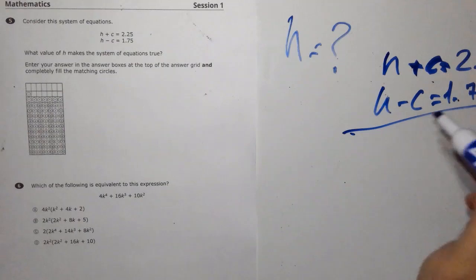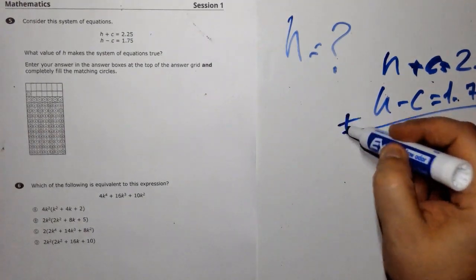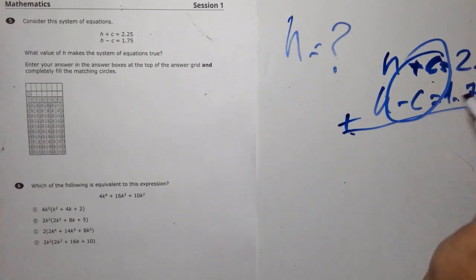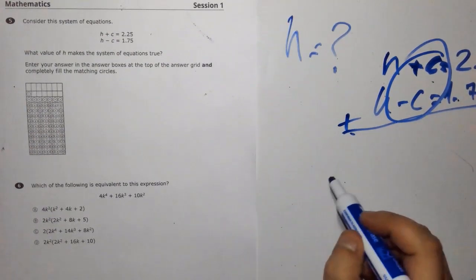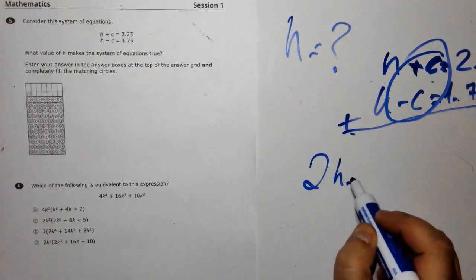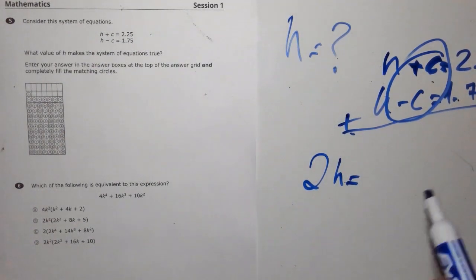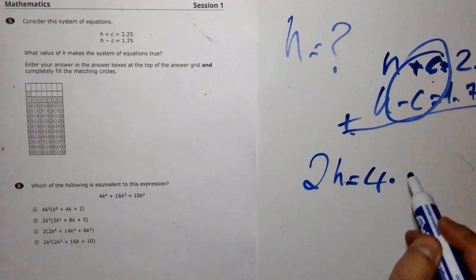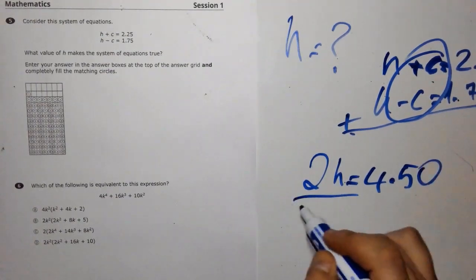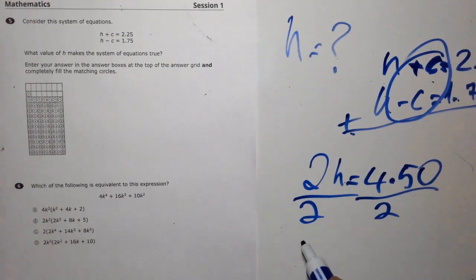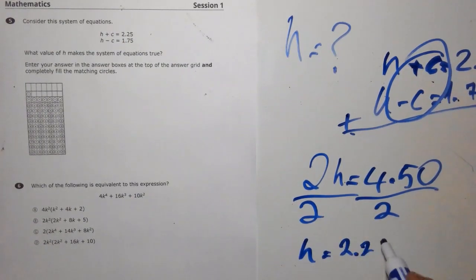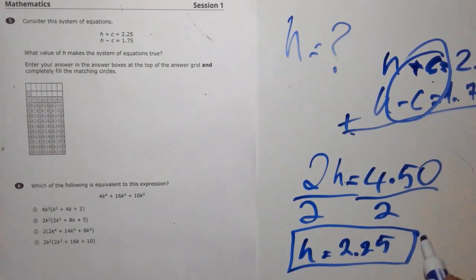Guys, this is pretty straightforward. Add these two because the negative and positive c's cancel each other out. So I'm going to end up with 2h equals 2.25 plus 1.75 equals 4.50. Divide by 2 on each side. h equals 2.25. This is a short answer question, guys.